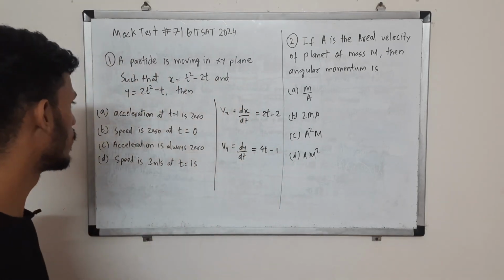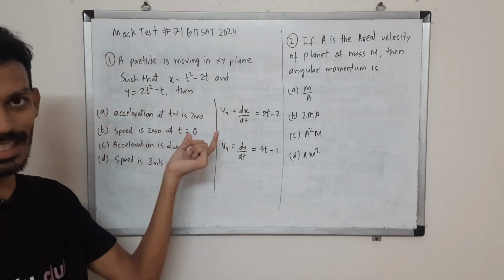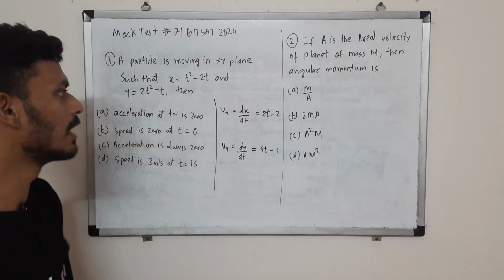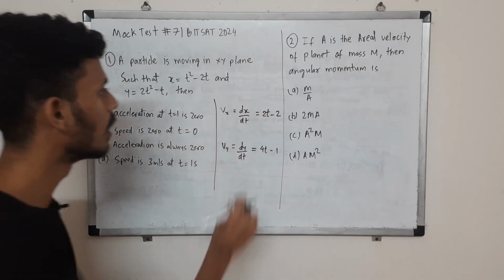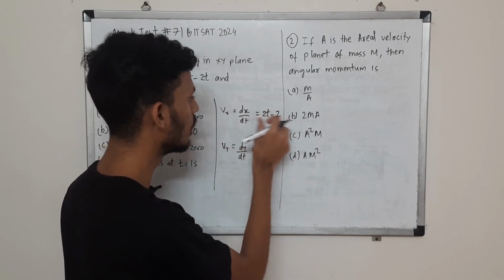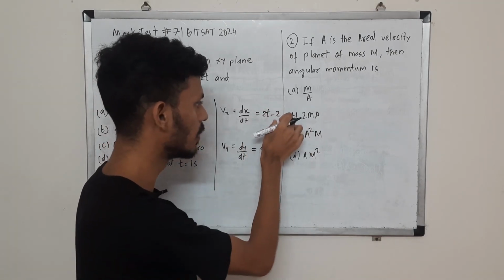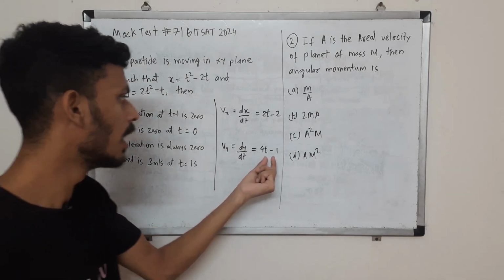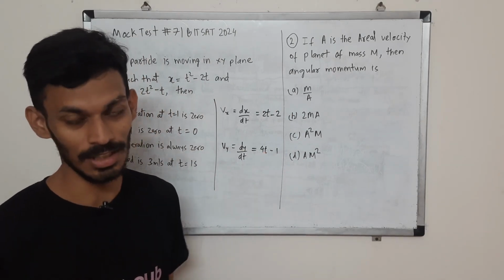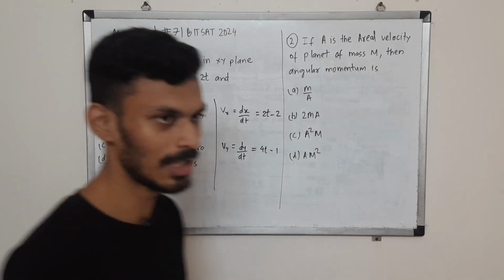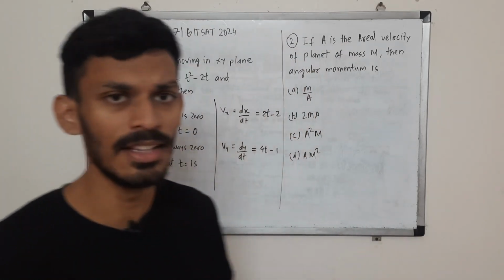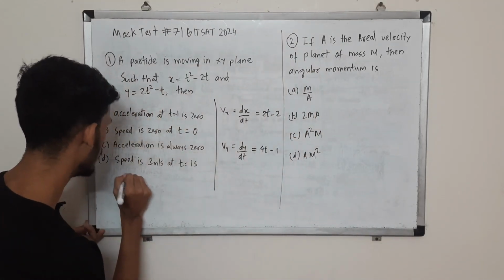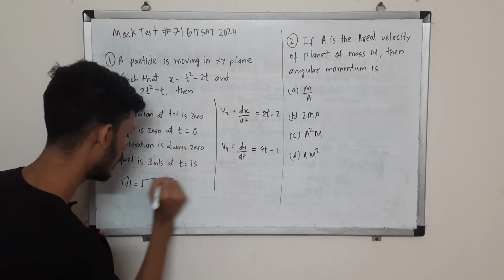So now let us substitute t is equal to 0. Let us check this statement: if the speed is 0 at t is equal to 0. If we substitute t is equal to 0, this will give us 2 in the negative direction, and in the y direction we'll get 1 in the negative direction. So you are getting some velocity in the x and y directions, and speed, if you know, is just the magnitude of the velocity.